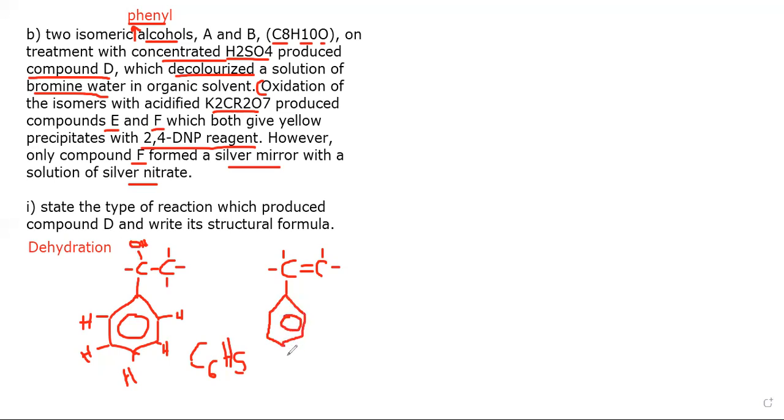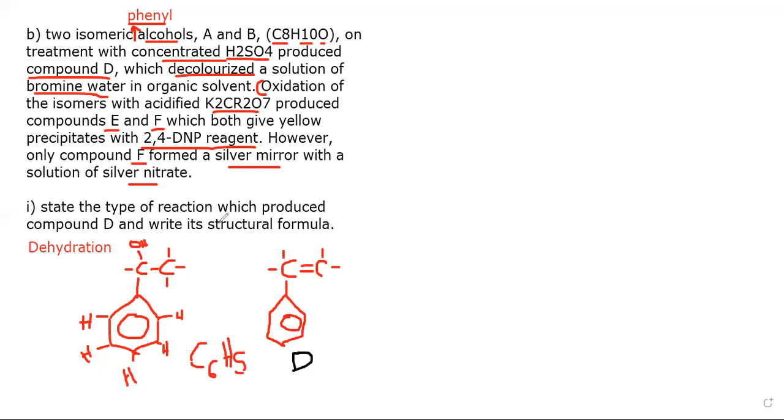So this is compound D. So that is one possible structure of your isomeric alcohol.